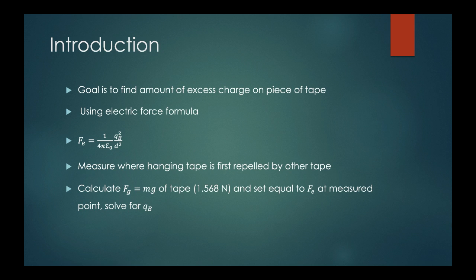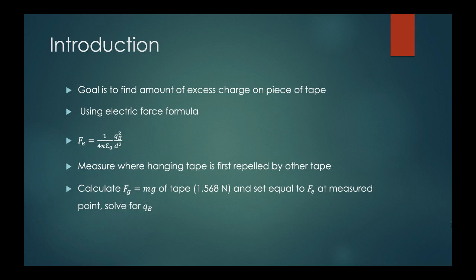And so then once I found the distance, I calculated the force of gravity on each piece of tape, which came out to be 1.56 newtons, as gravity is 9.8, and the mass of the tape was 0.16 grams, and I think the tape was about 8 centimeters long.